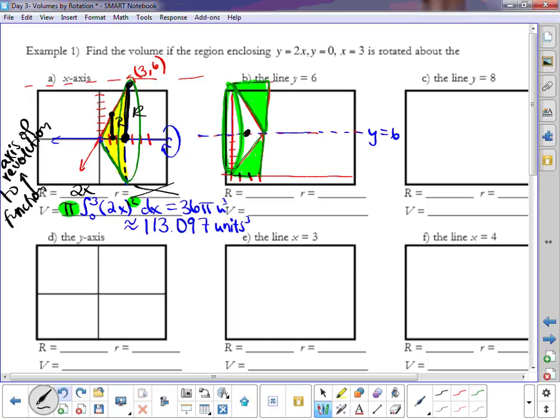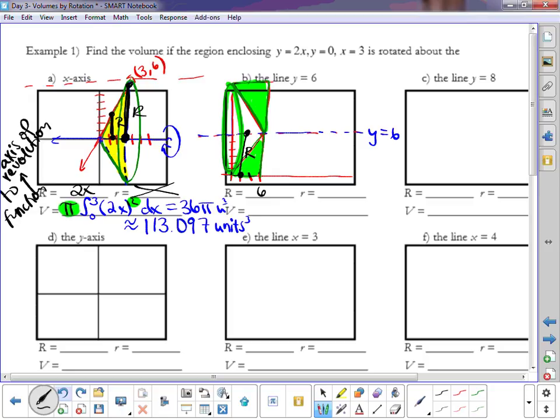I'm going down since that is where my original region was. What is that height? What is that radius? It's 6 the whole time, right? No matter where I go inside of here, that is a height of 6. So my big R is just 6. You can say 6 minus 0 because it's going to the x-axis, but just 6.